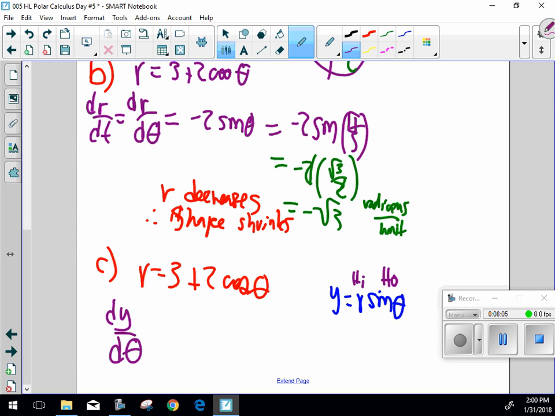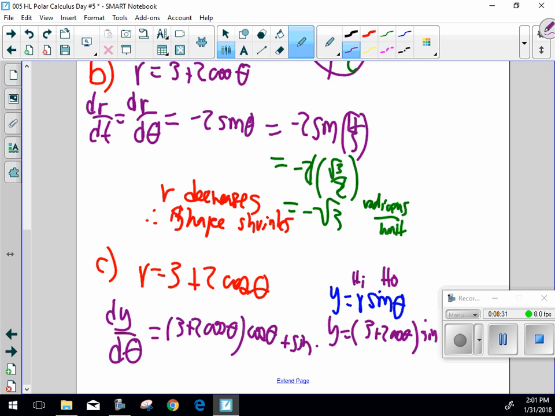And so what you're going to do is you're going to say y is 3 plus 2 cosine theta, and ho is sine theta. So when we take the derivative of this, we have to use the product rule. 3 plus 2 cosine theta times cosine theta, because that's the derivative of sine, plus sine times the derivative of this, which is -2 sine theta.